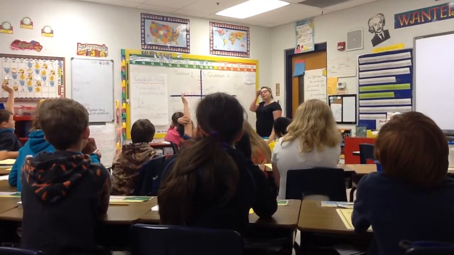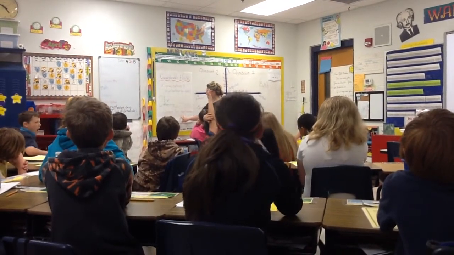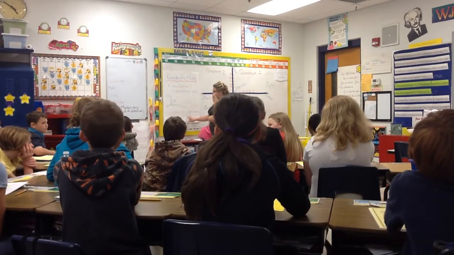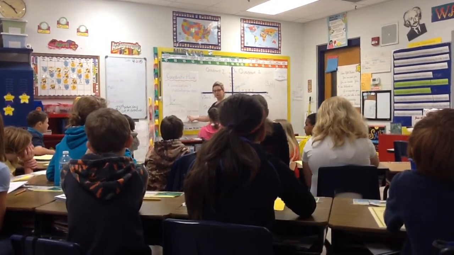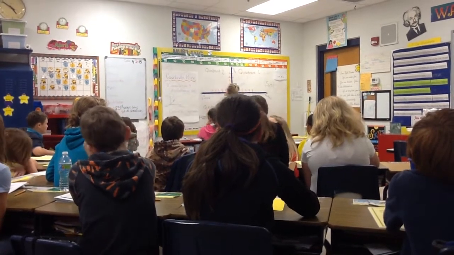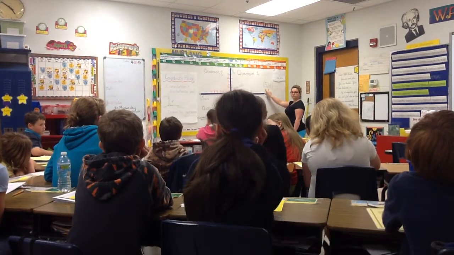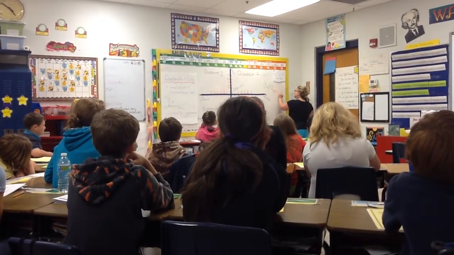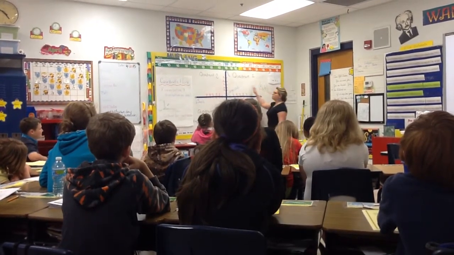What's this exact location called? This is an ordered pair. 2, 2, right? It was right here. What's 5, 4 called, Bradley? An ordered pair. This ordered pair is going to give us an exact location on this coordinate plane.